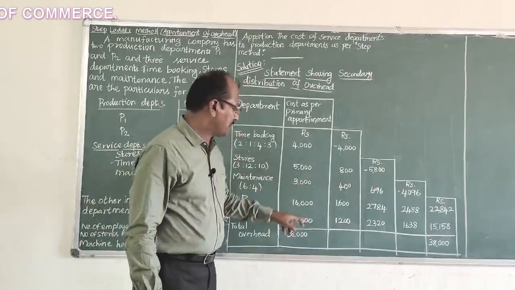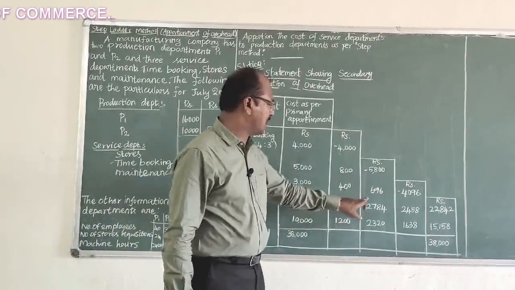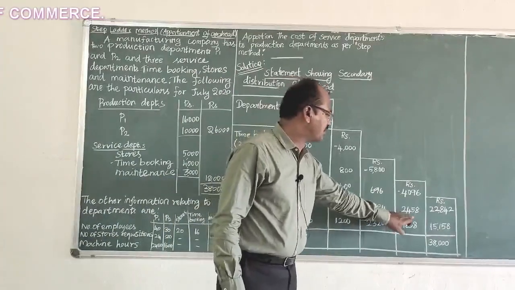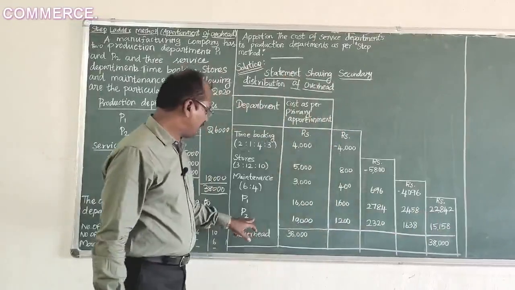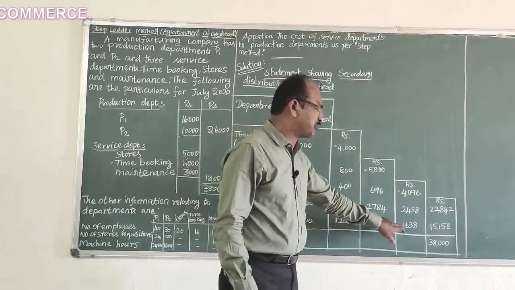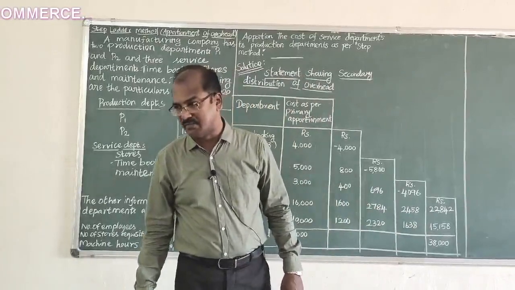Now you sum up these values horizontally: 16,000 plus 1,600 plus 2,784 plus 2,458, you get the total of 22,842. And for P2, 10,000 plus 1,200 plus 2,320 plus 1,638, you get the total of 15,158.